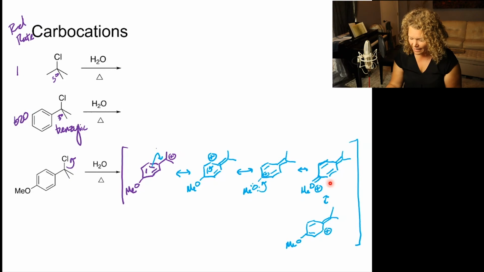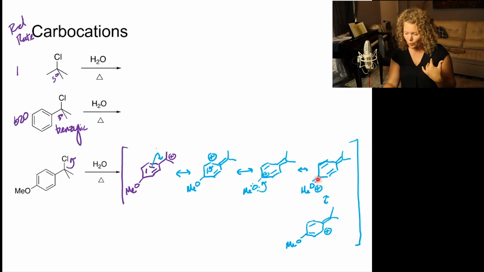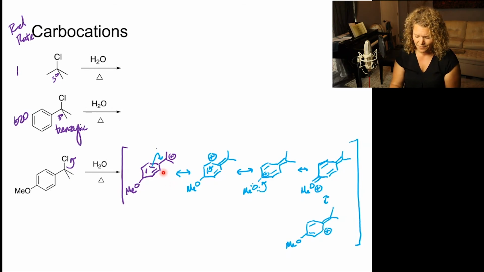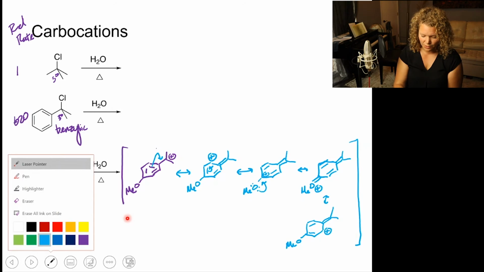And so in this case, we can still look at this and wonder, well, where is water going to attack? Again, we talked about how if we attack on any of the positions where we lose aromaticity in the product, that would be thermodynamically disfavored. And so in this case, again, we would have water attack our benzylic position.